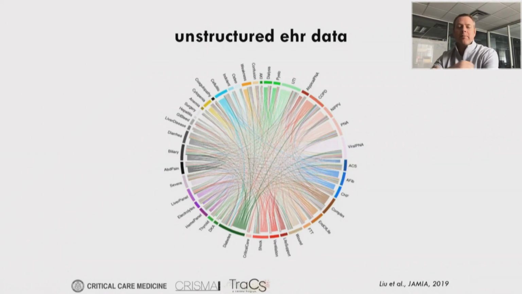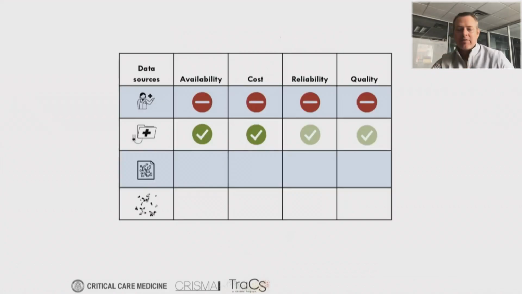This is some work done by Vinnie Liu and Allison Foner at UCSF and institutions on the West Coast, and they used topic modeling to identify individual patterns and treatment responses using words that were in the orders. They didn't go so far as to use natural language processing on text, but again, another proof of concept in a very large database that words might matter, but yet not ready for prime time.